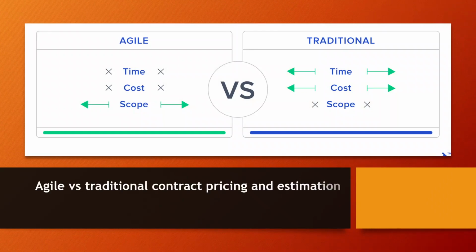Then, as I pointed out, point number 3 was the difference between agile and traditional contract pricing and estimation.